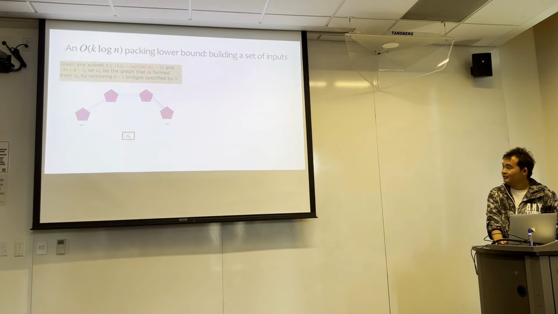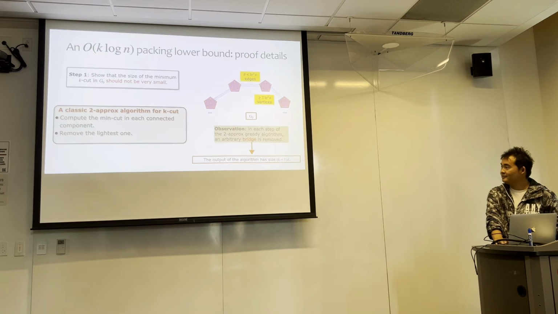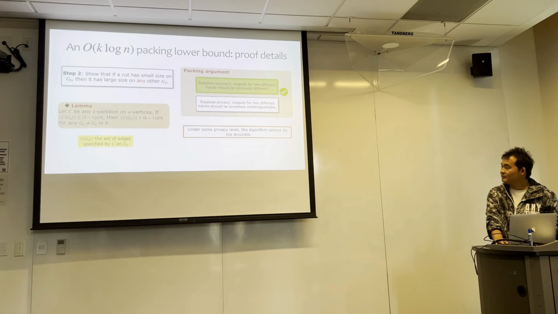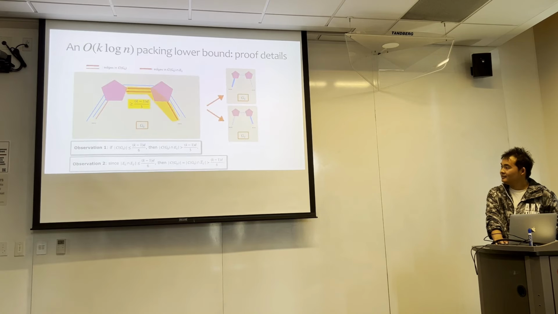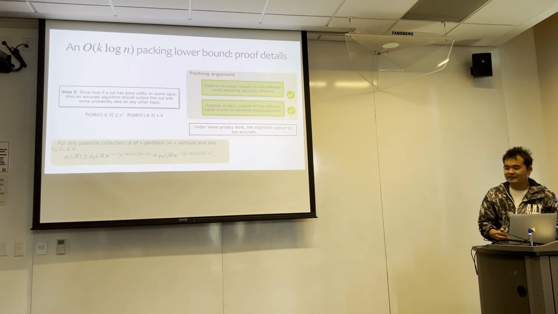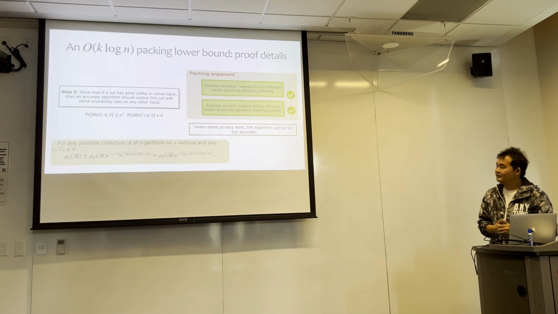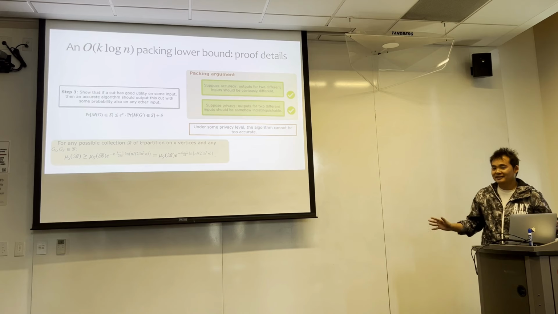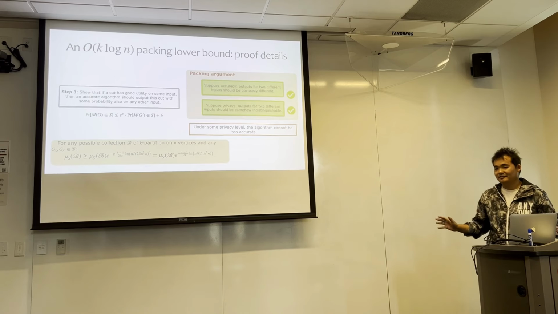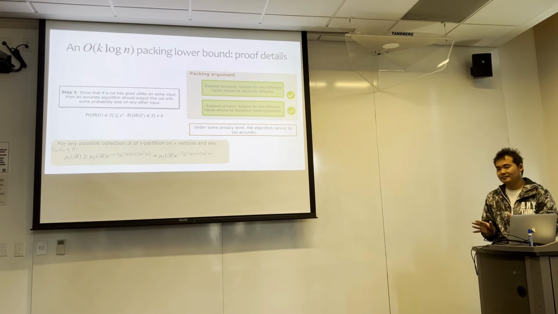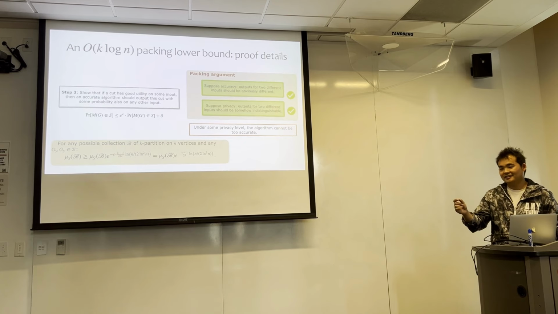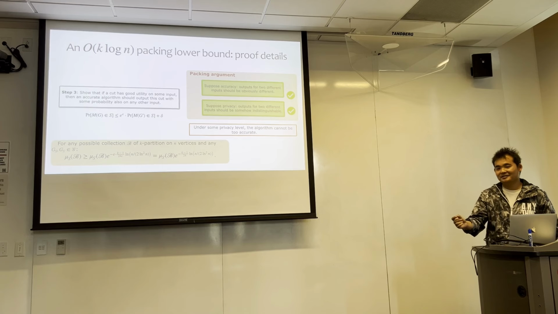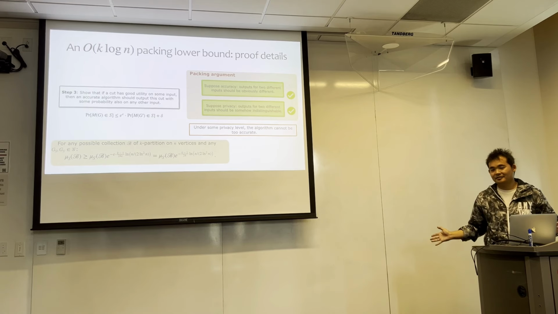Okay, so I think I should just skip this. Somehow we are constructing exponentially many different inputs, and for each of them, a cut is accurate on one input and not accurate on any other input.